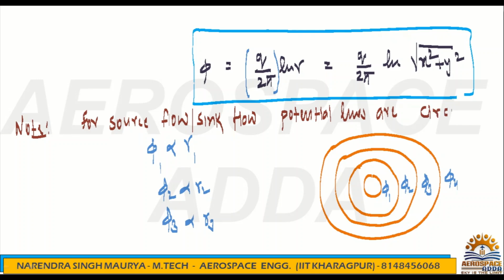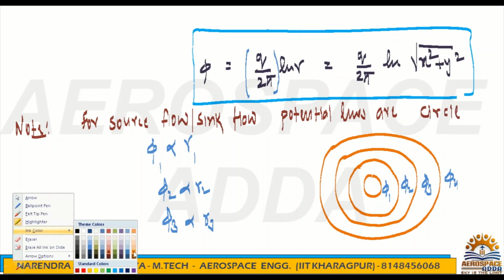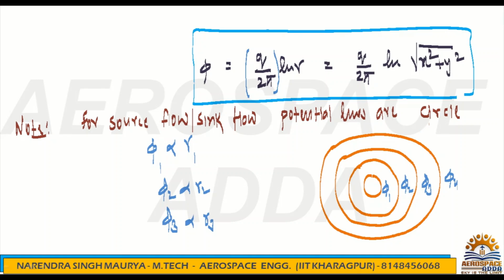This is for single marks. They can ask a question: for the source flow, potential lines are square, cube, parabola, or circle. What is the correct answer? For the source flow, potential lines are circles. It is proved clearly. You need to remember this.